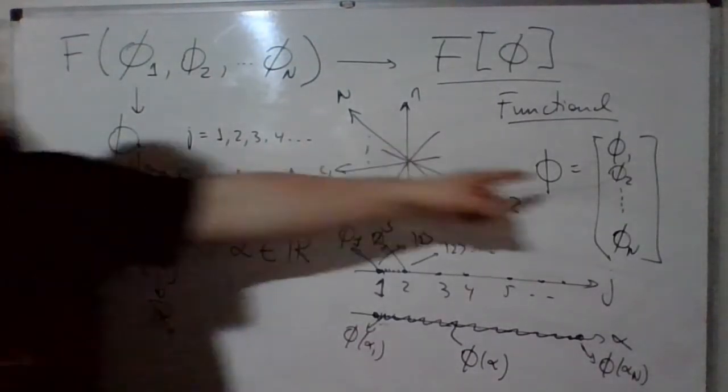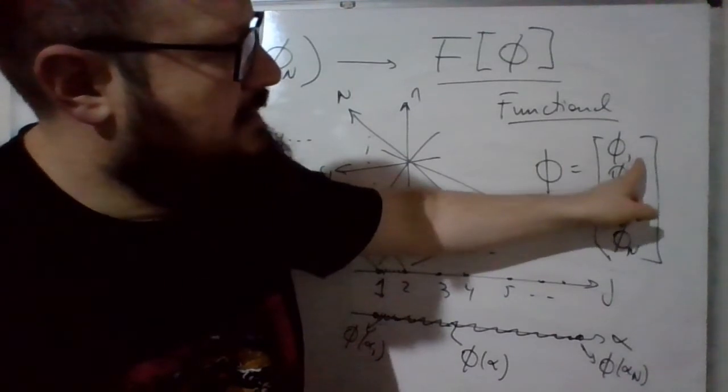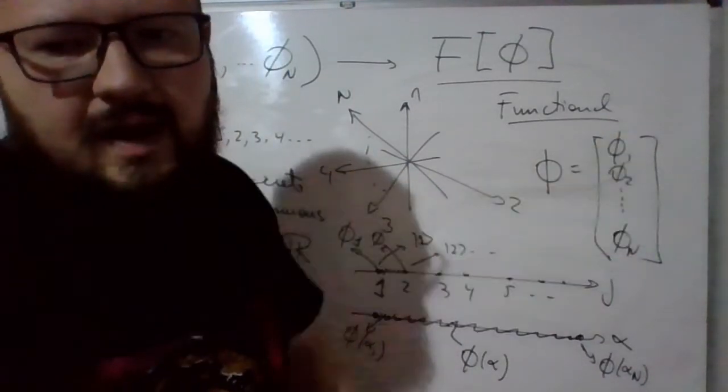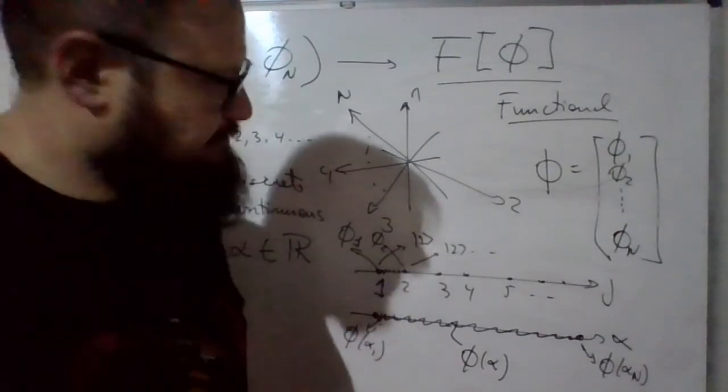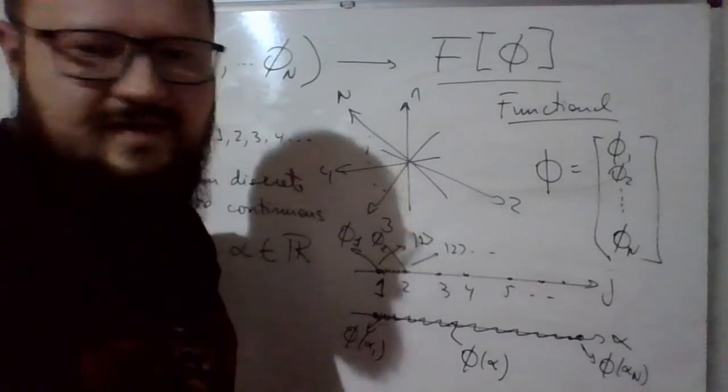And now you introduce a continuous label. So phi1, between 1 and 2, you have an infinite number of allowed values for phi. And 2 and 3, another set of infinite numbers.